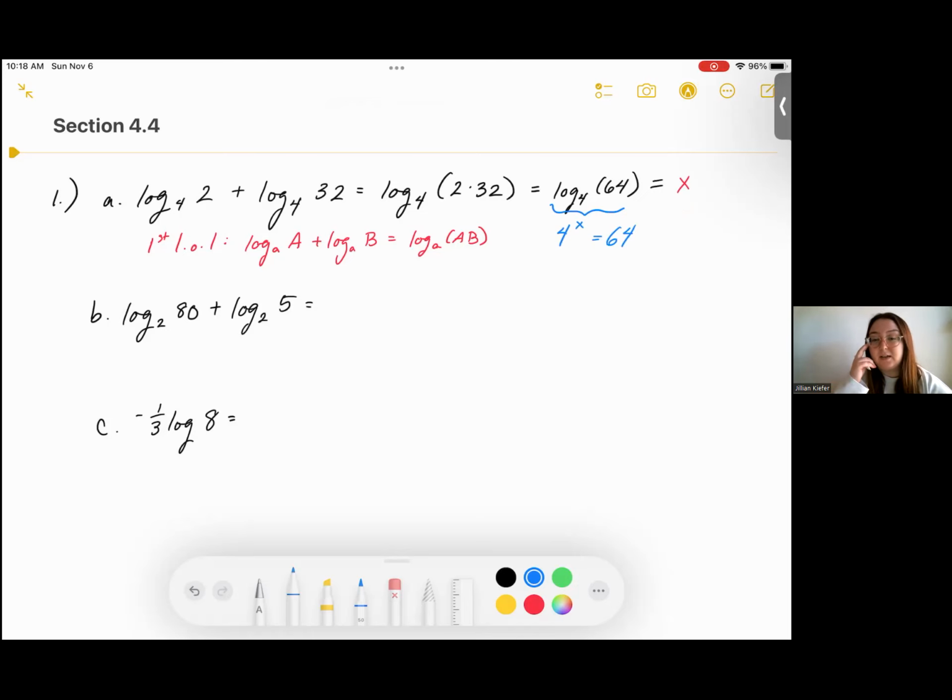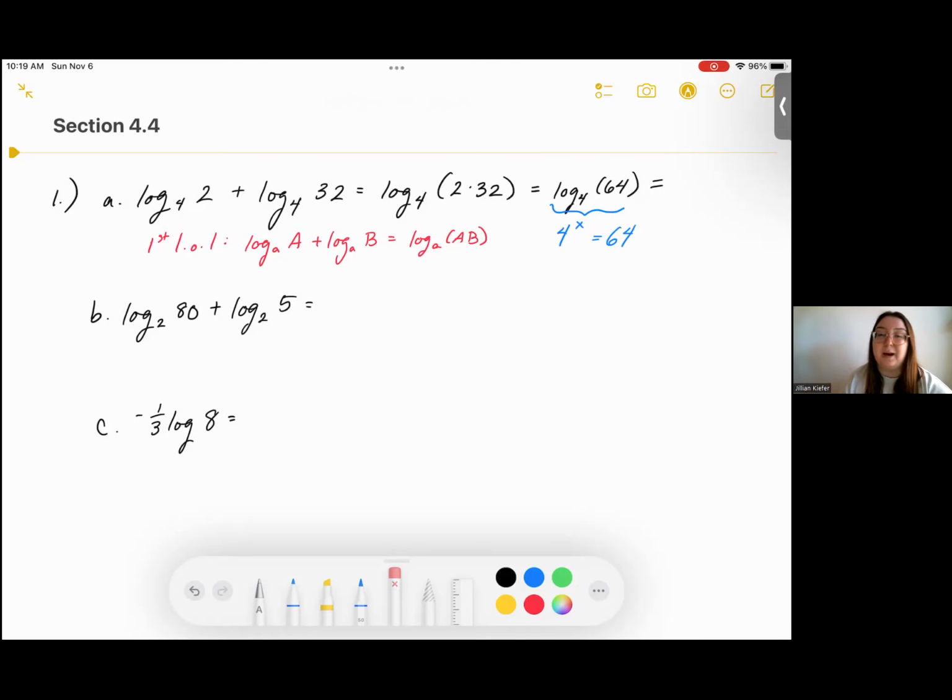Sometimes it's easier to take your logarithm and express it in its exponential form to get a better idea of what you should be doing for the problem. So log base 4 of 64 is the same thing as saying 4 to some power is 64, and the answer is going to be x. We could go to our calculators, do 4 to the power of 1, 4 to the power of 2, 4 to the power of 3, and we would get that that was the answer.